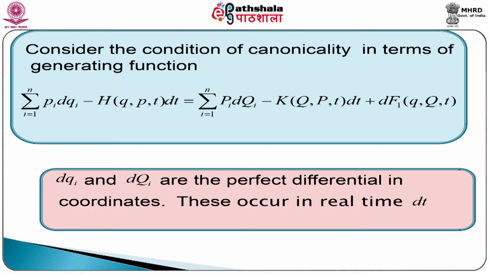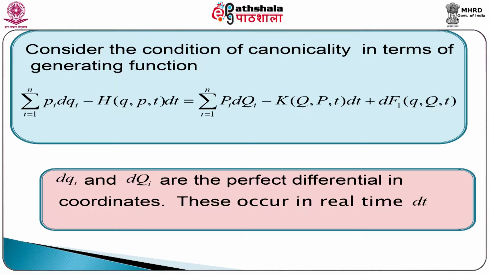Here we have used the result q_i dot equal to d/dt of q_i, whereas Q_i dot equal to d/dt of Q_i, and using this result we have obtained this equation.